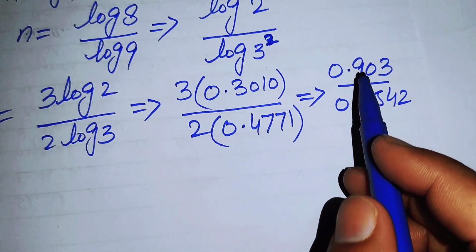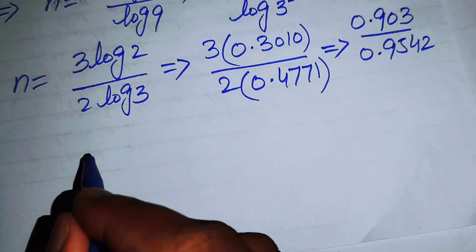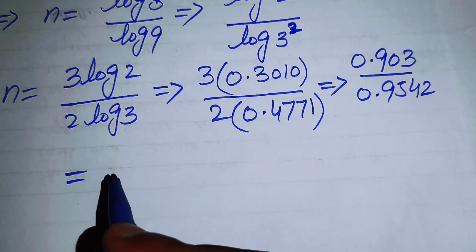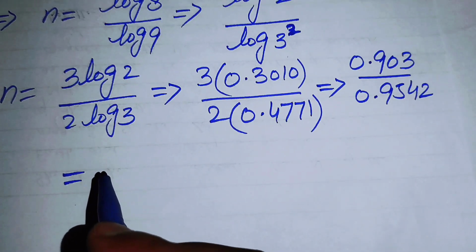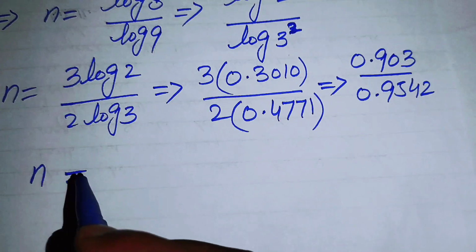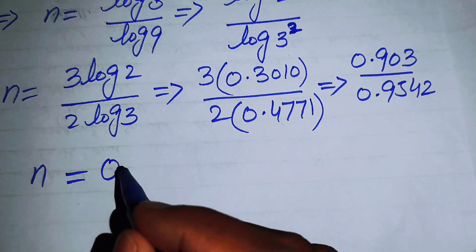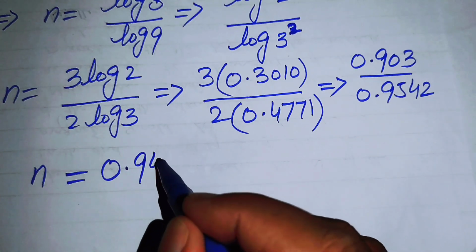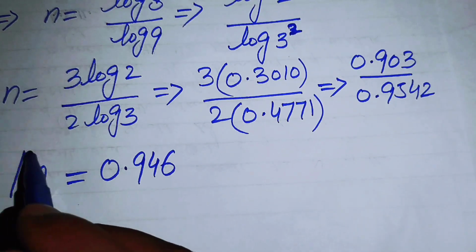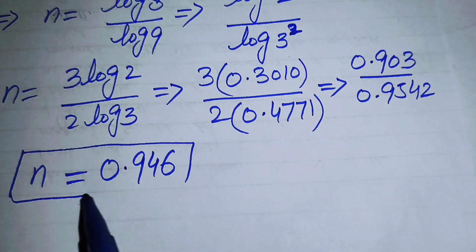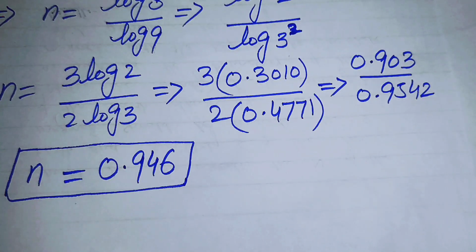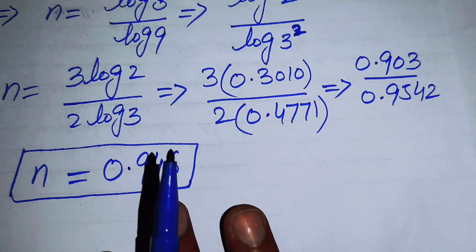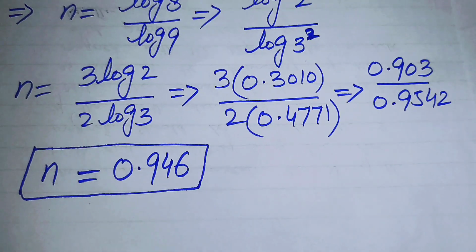Now you can divide these two terms and you get n is equal to 0.946. So we say that this value of n is the only solution of this question, and this is our final answer and conclusion.